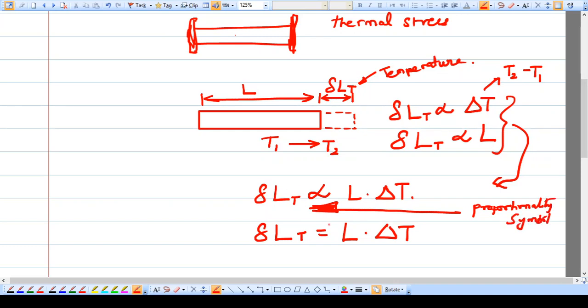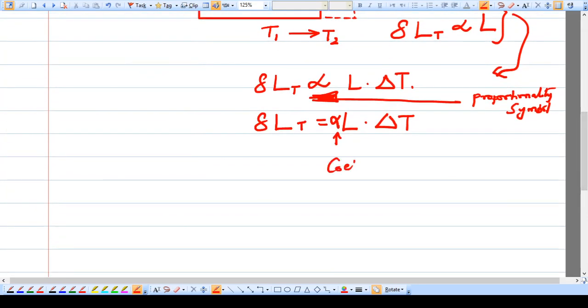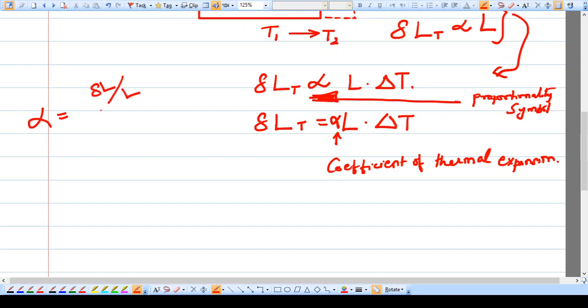To remove the proportionality symbol, I am introducing a constant called alpha. This alpha is the coefficient of thermal expansion. So the coefficient of thermal expansion alpha can be written as the change in length divided by original length, divided by the change in temperature.